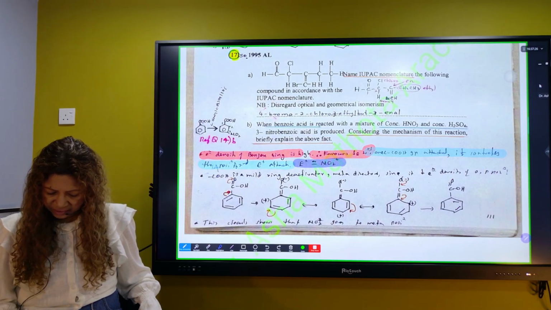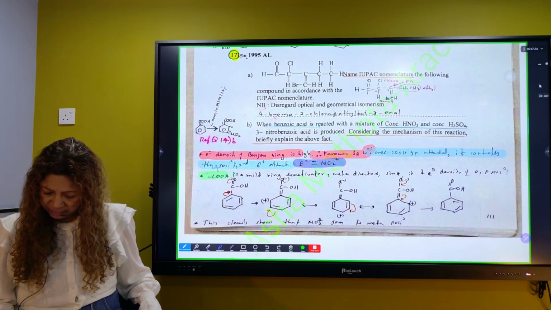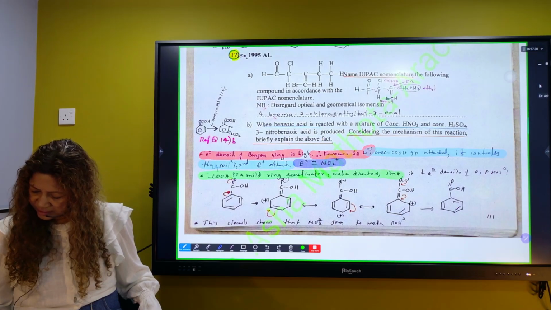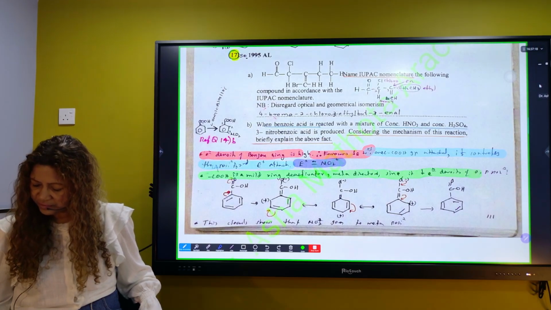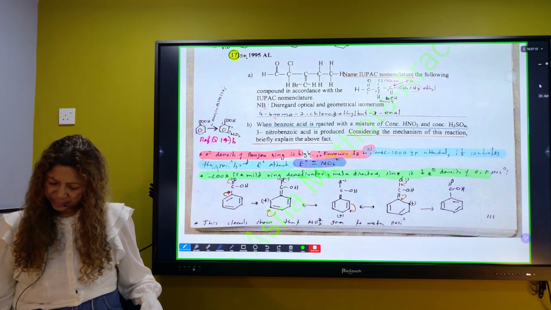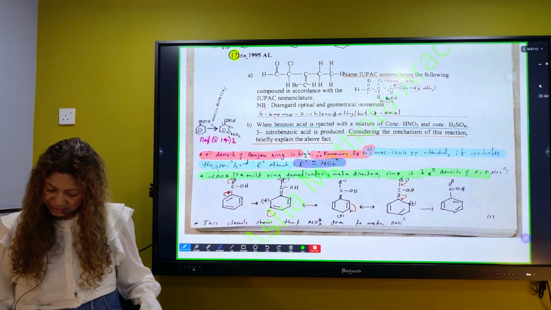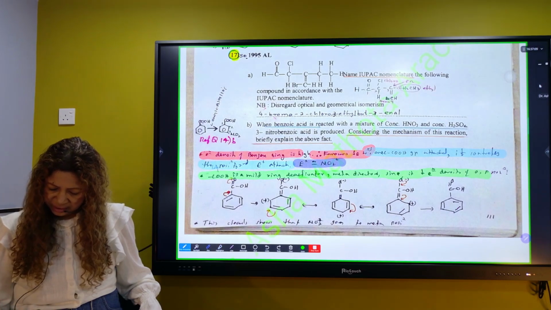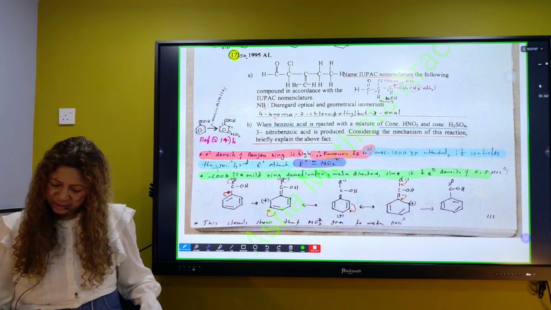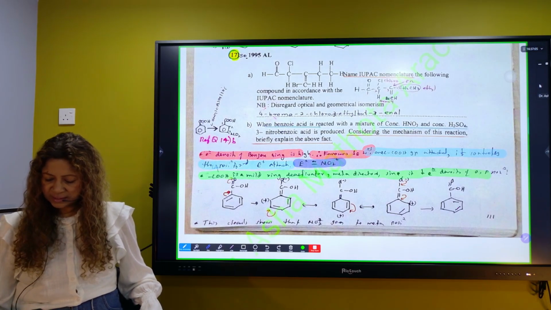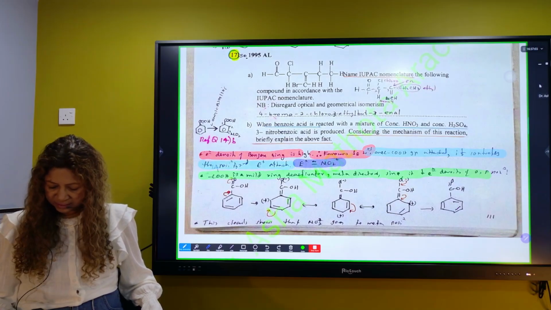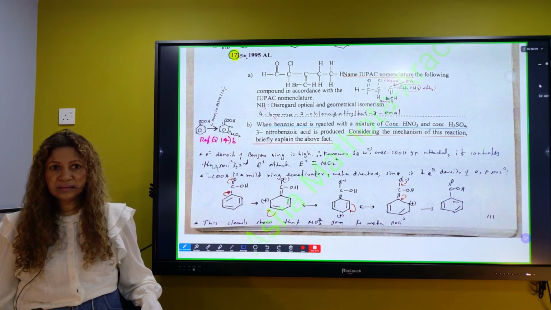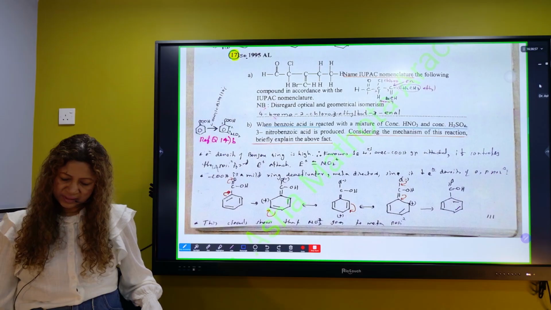COOH is a mild ring deactivator, meta-director. Since it decreases the electron density of the ortho and para positions, the next group is joined at the meta position. Exactly the same thing, but the given group is different.